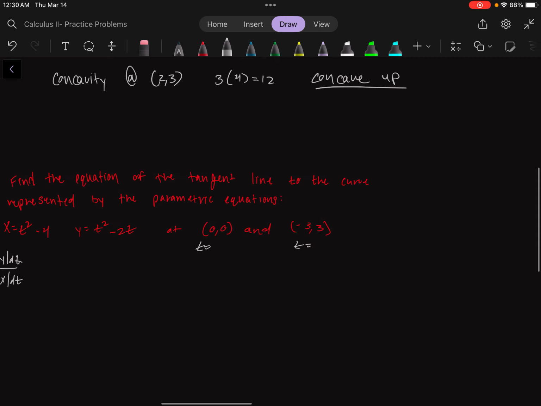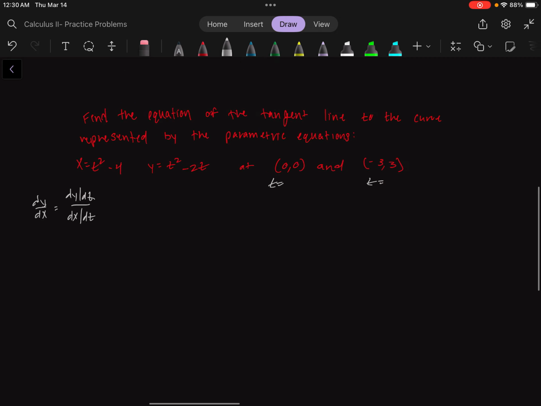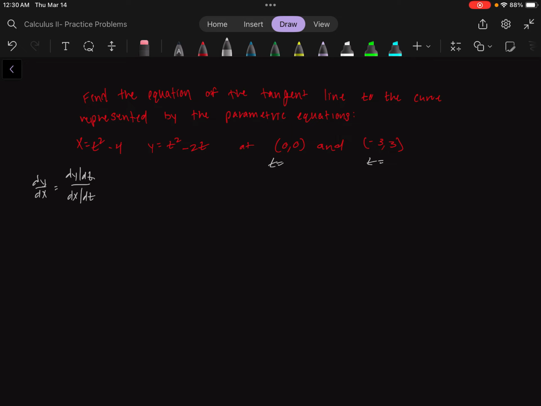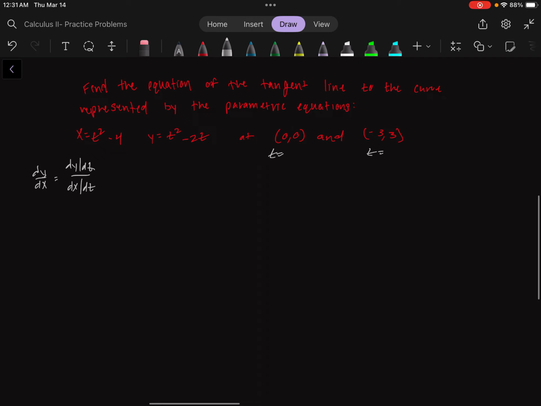Okay, so let's look at another application. Remember these from Calc 1, finding the equation of a tangent line to the curve represented by the parametric equations. Well, in order to find the equation of a tangent line, we're going to need point slope form. We did this a lot in Calc 1, which means we need an x1, a y1, and an m.